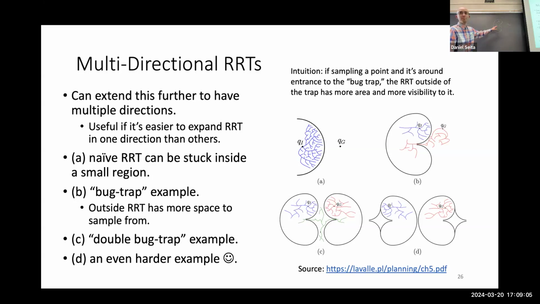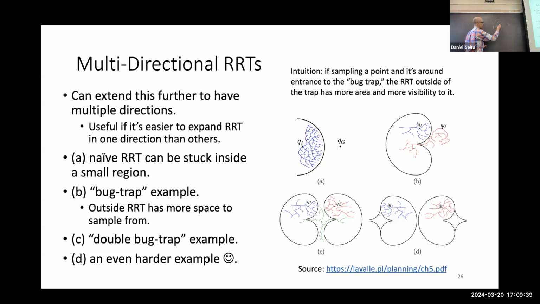So this is a bug trap. If you try to grow from just this, then you have to figure out how to go through that narrow corridor, right? So if you look at any point that is within the corridor, if you have a circle around it, then the line of sight is going to be greater for the outside RRT.